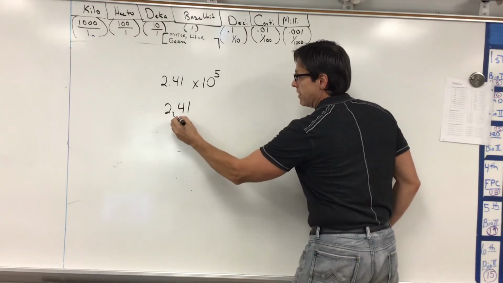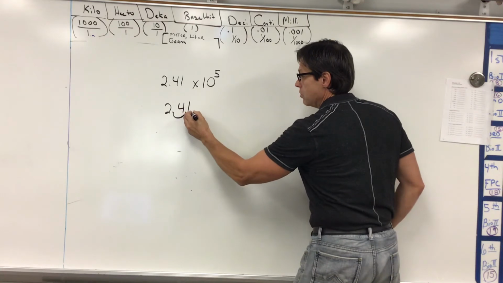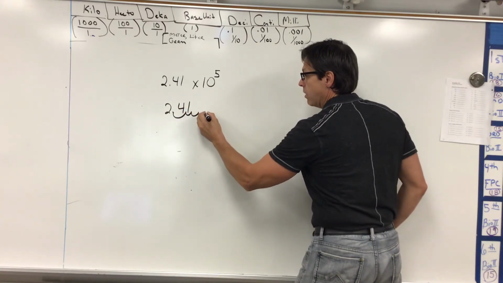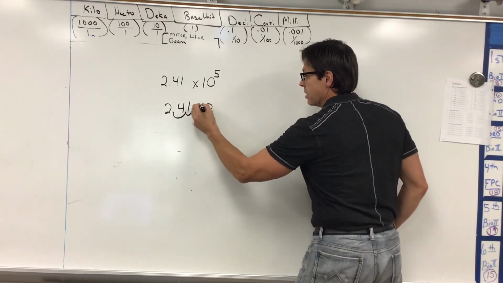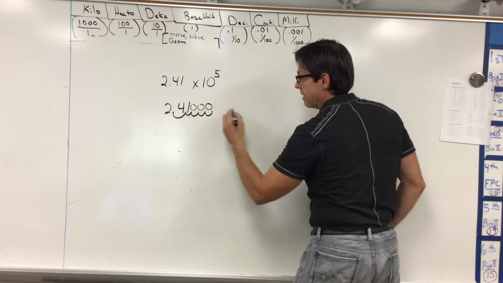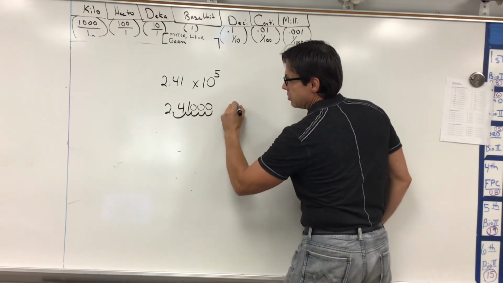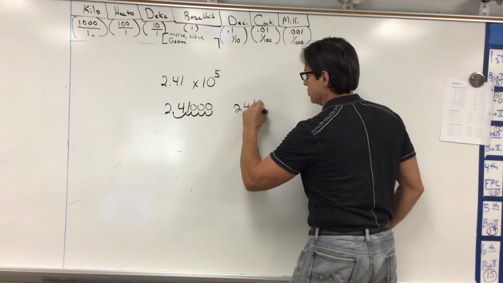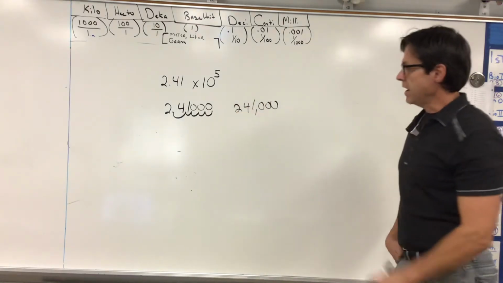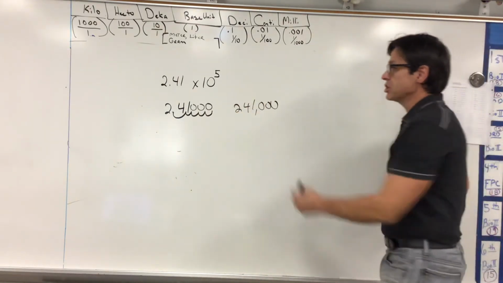So I'm going to go 5 places, 1, 2, 3, 4, 5: 0, 0, and 0. So now that value is 241,000.